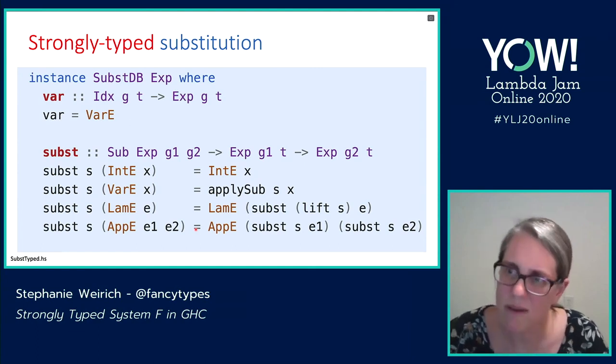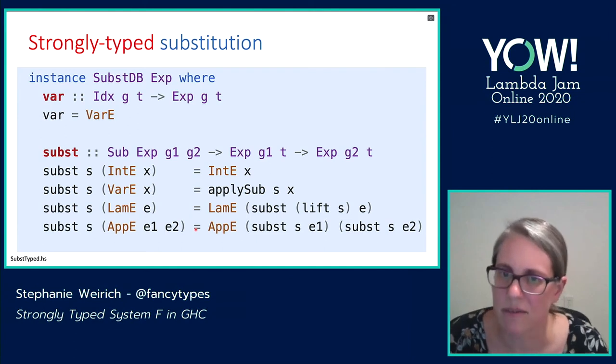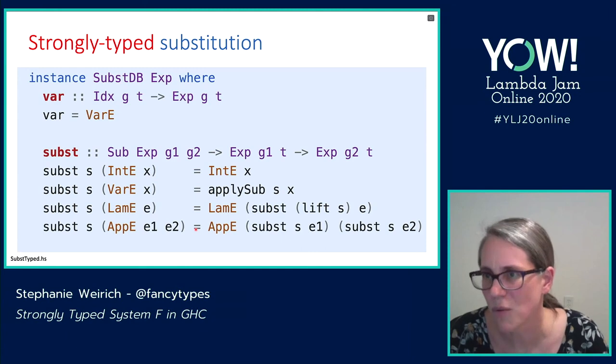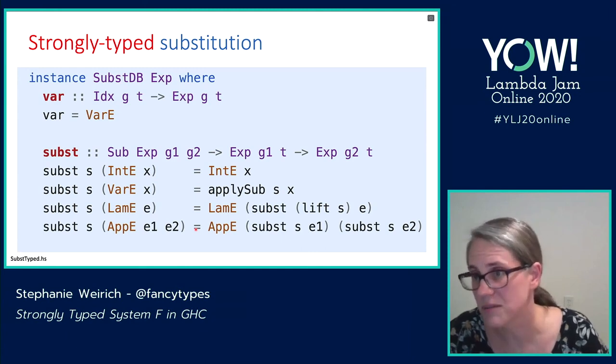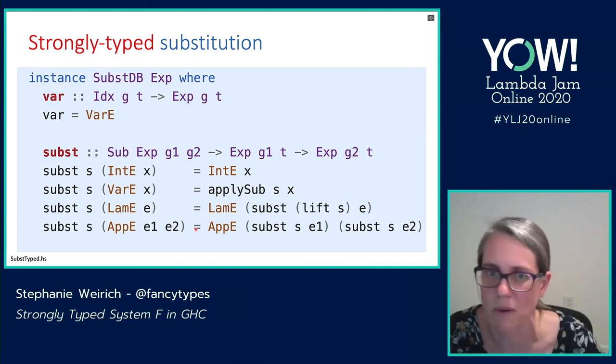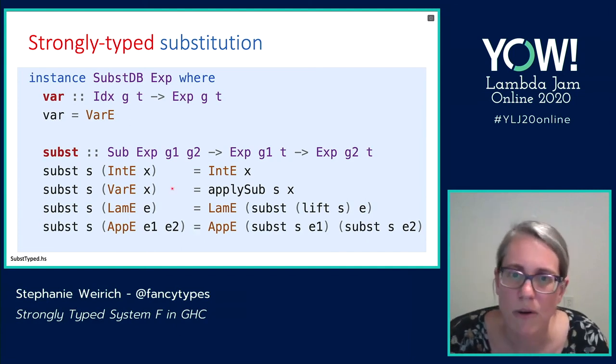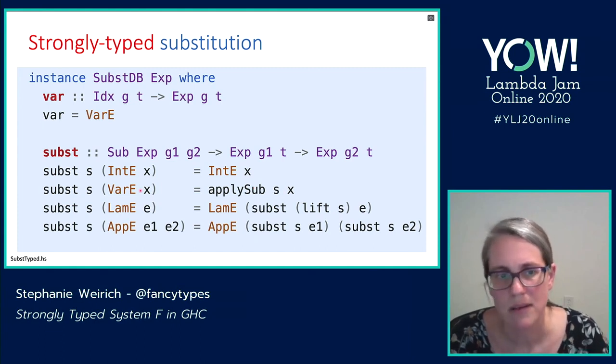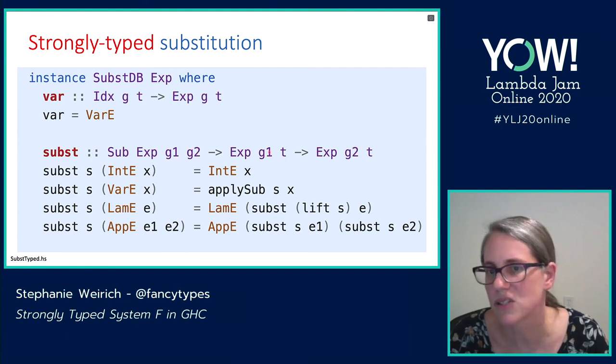And the best part about this particular definition is that if we got this definition of substitution wrong, we would get a lot of errors from the type checker. The type checker would tell us if we screw up the substitution in some way. Like if we forgot to apply the substitution here to apply sub, if we had a variable, this variable x is a variable from context G1.